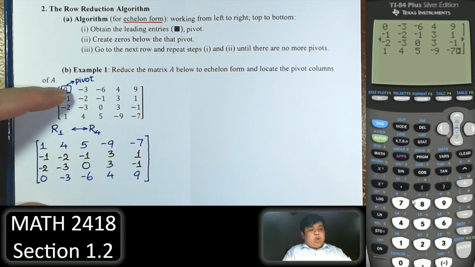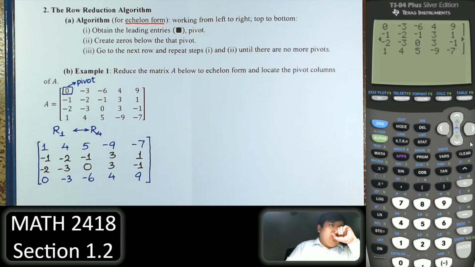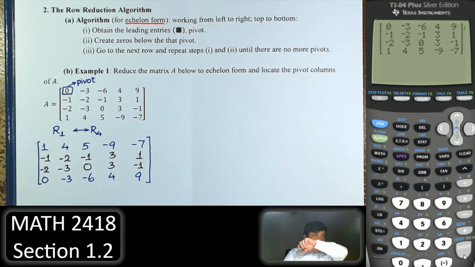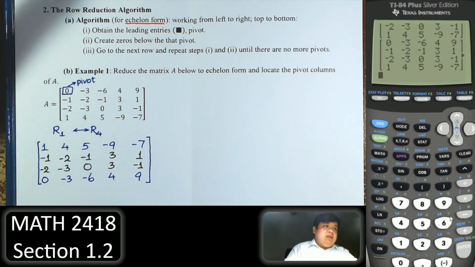Yeah, I just want to swap row 1 and 4, so that's just going to be positive 1 there. So that's all. Right, so that is the matrix. Now I have to hit enter when we finish the matrix.